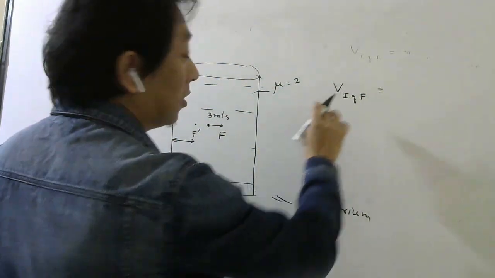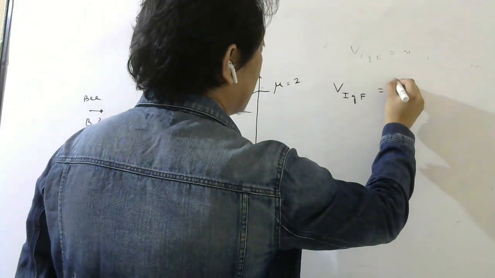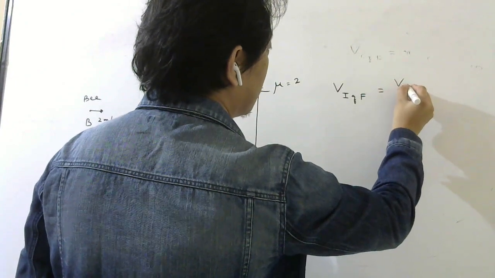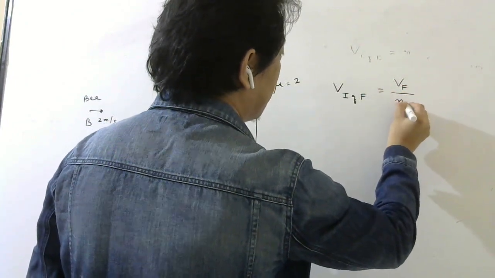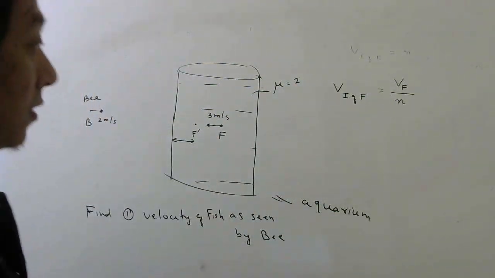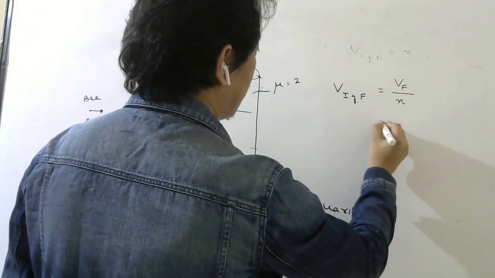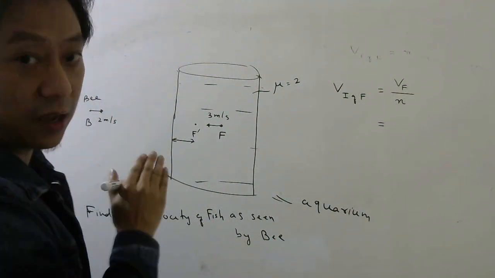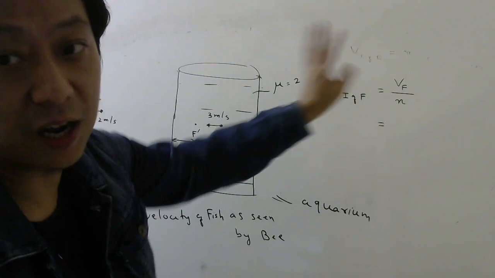So your image velocity should be less. So it will be velocity of object, which is fish, divided by refractive index. Right, I have discussed this in the concept part. So velocity of image of fish with respect to surface, okay, but surface is at rest, so we can say with respect to ground also.